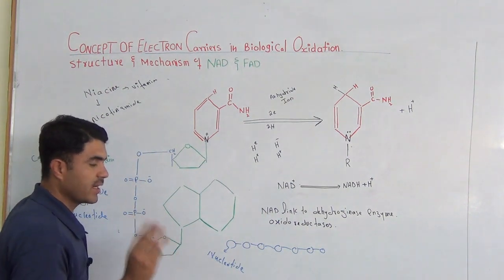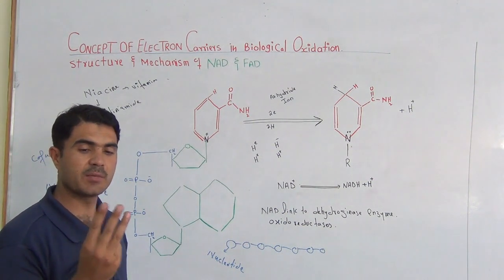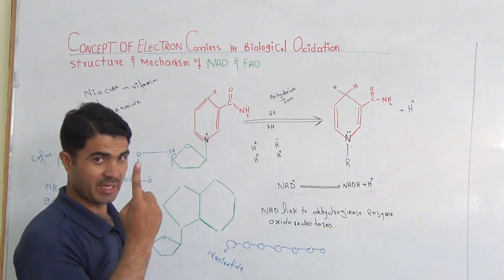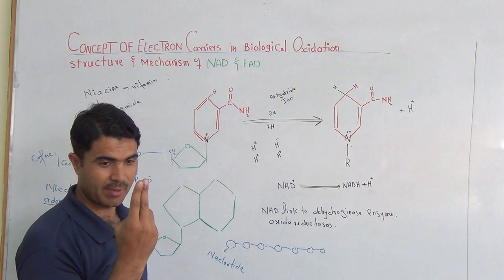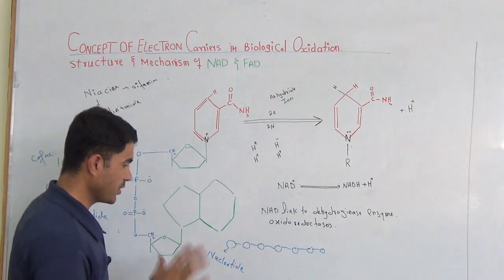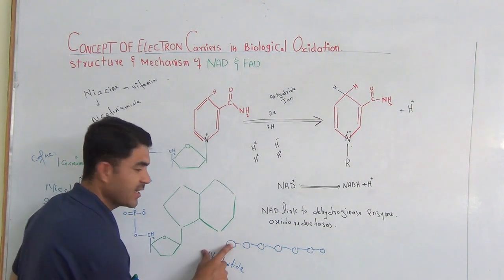Look, there are 3 parts in one nucleotide. Part number 1, there must be a nitrogenous base. Part number 2, there must be a sugar. Part number 3, there must be a phosphate group. So these 3 groups are collectively called a single nucleotide.